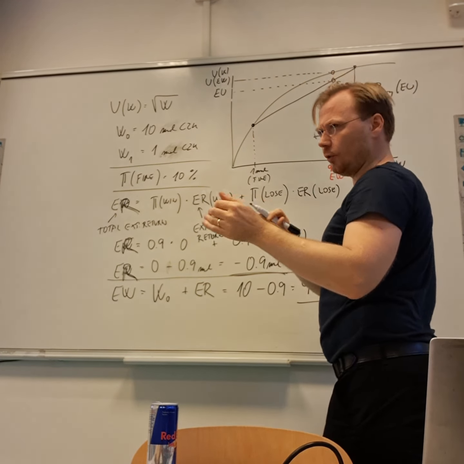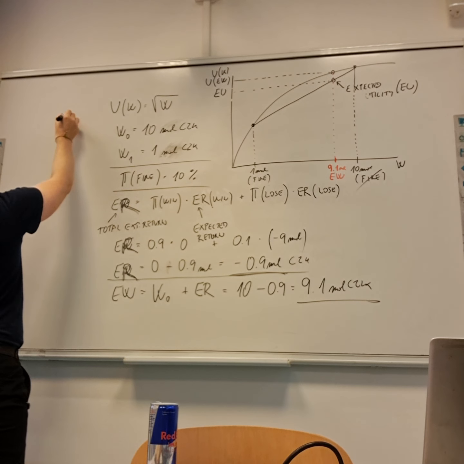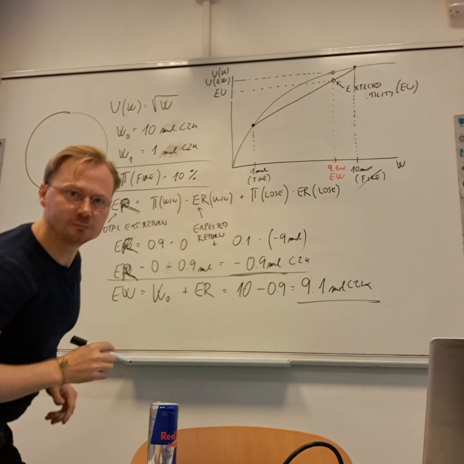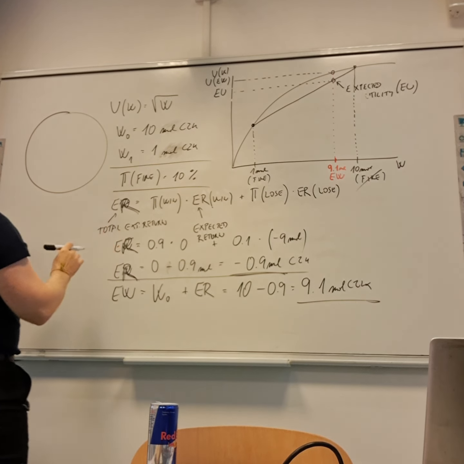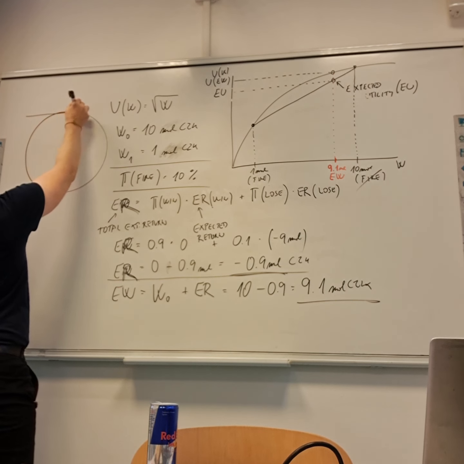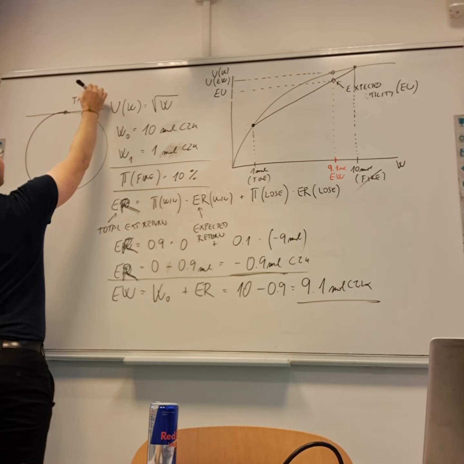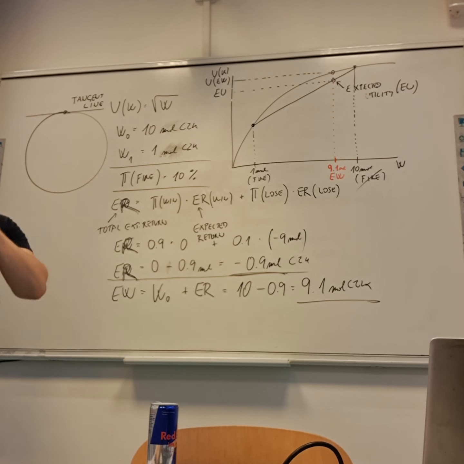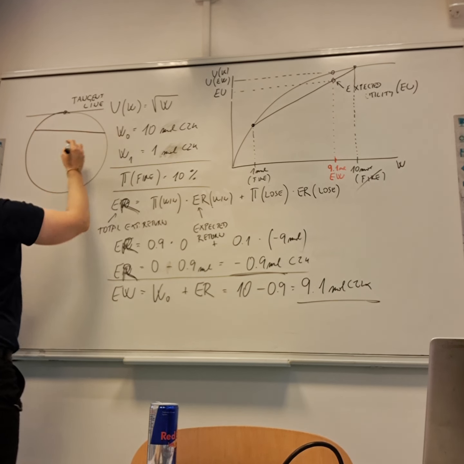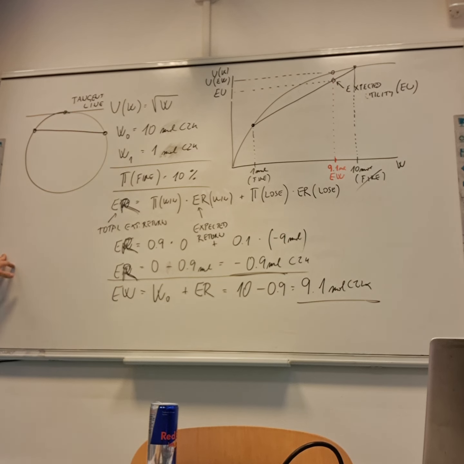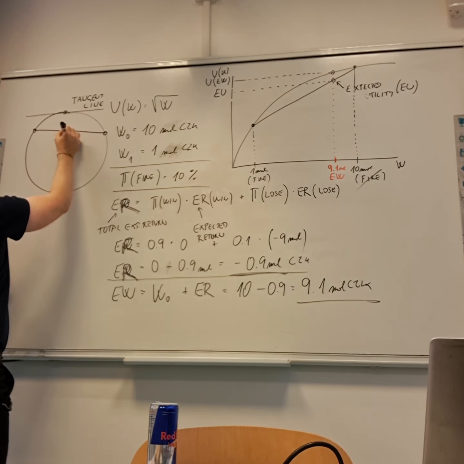If you know the concept of chord, if you have a circle, this would be called a tangent line, which we introduced last time when we were discussing the derivatives and so on. But the section which interconnects two points on the arc is called a chord.